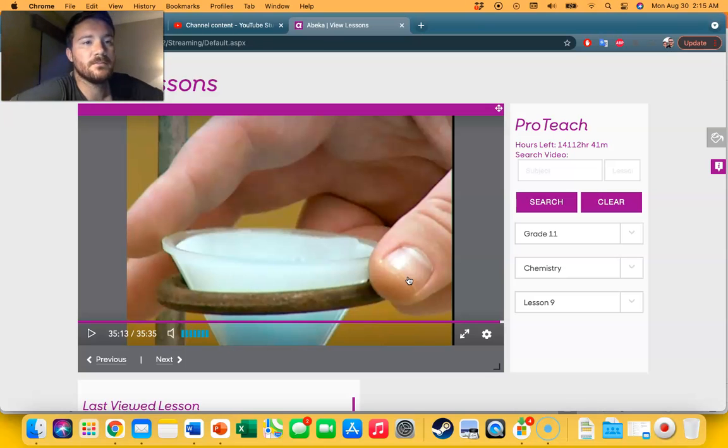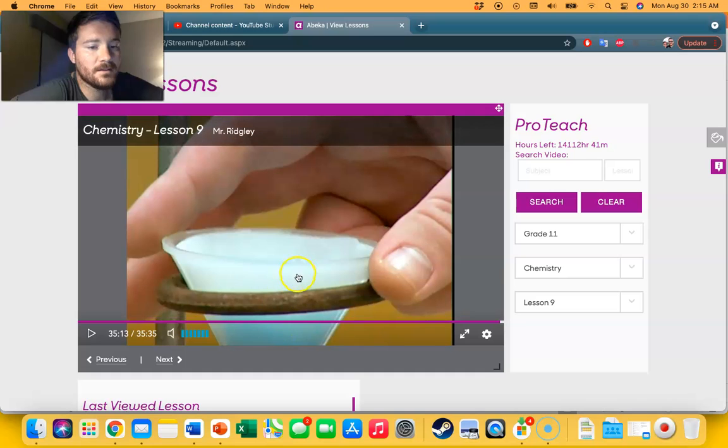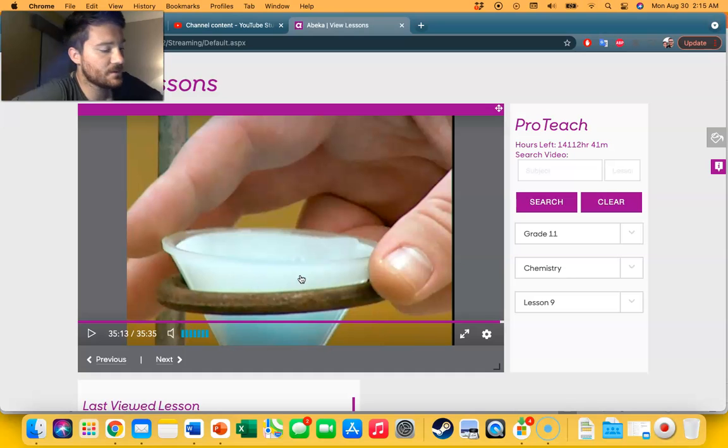The mixture of copper sulfate and sodium hydroxide to create copper hydroxide and sodium sulfate. And you have a precipitate, which is a solid left behind that was once a part of a liquid material.